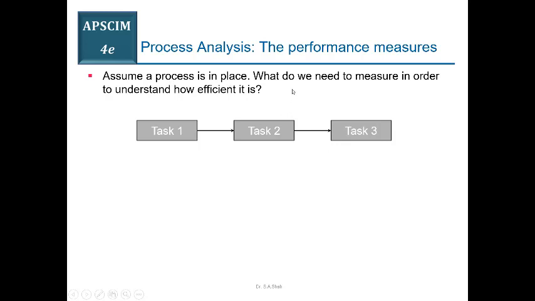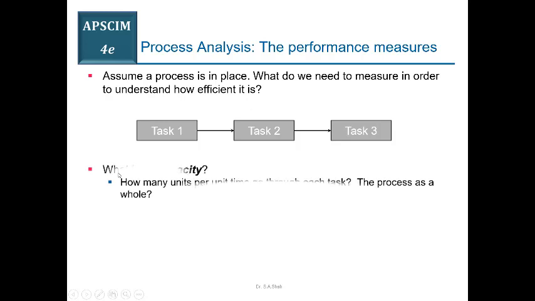So, what you will need to measure in order to understand how efficient this system is? For this, you will look for one of the major performance measures, which will be the capacity of the system. What is the capacity of this particular system?